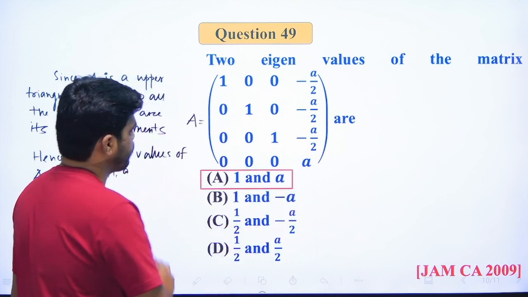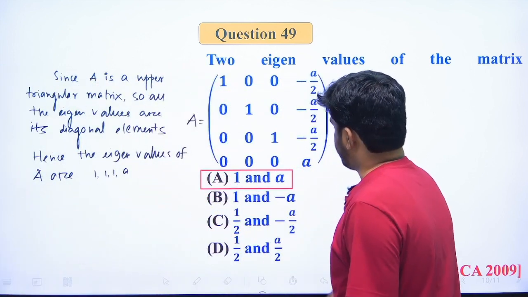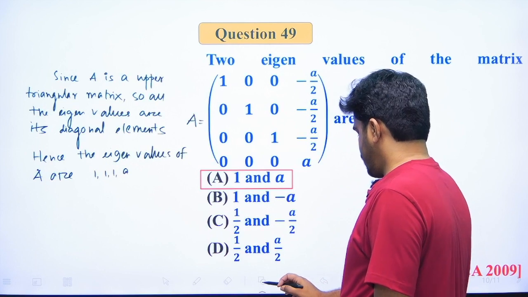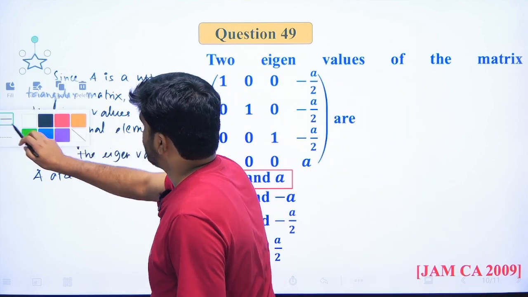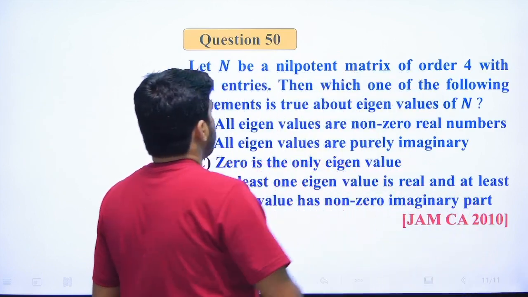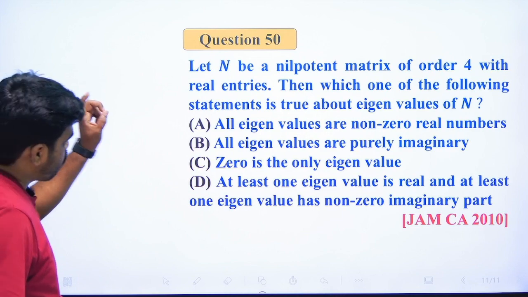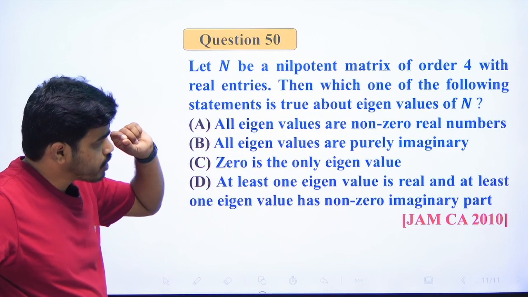So next example. What is given? Let N be a nilpotent matrix of order 4.